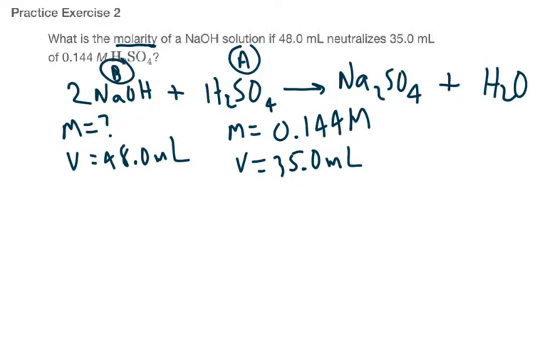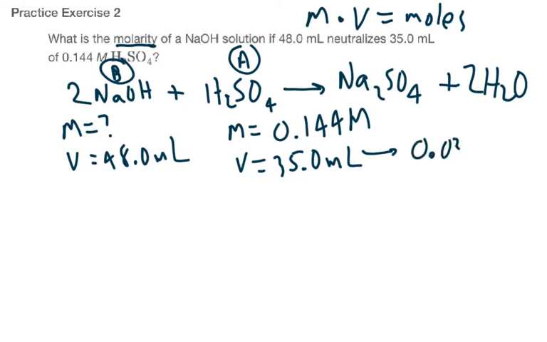There are 4 on the left, so I'm going to put a 2 here, and that actually balances out everything. So remember, the first step in solution stoichiometry, if you get the molarity and the volume in liters, you can convert it to moles. So here, I'm going to divide by 1,000. That'll be 0.035 liters.